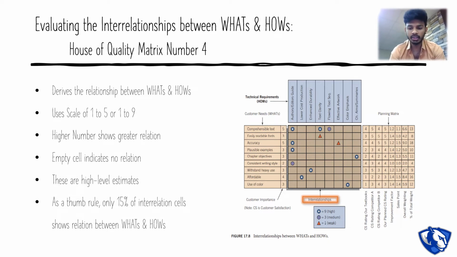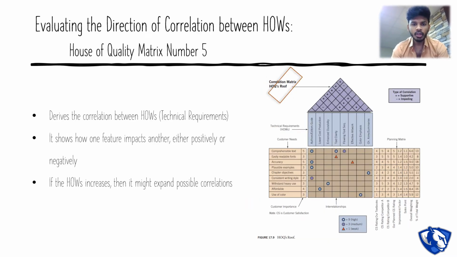So this is all the high-level description about interrelationship. Now let's go for the next thing, that is the correlation matrix. Right now in the upper part we have all the technical attributes. Now we have to conclude how each technical attribute was correlated with another attribute.